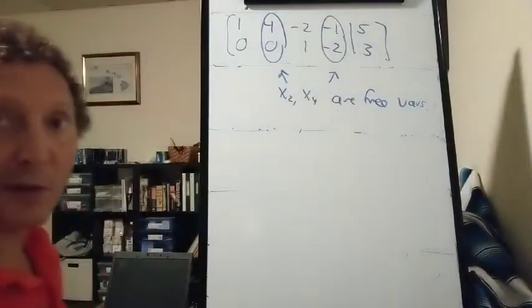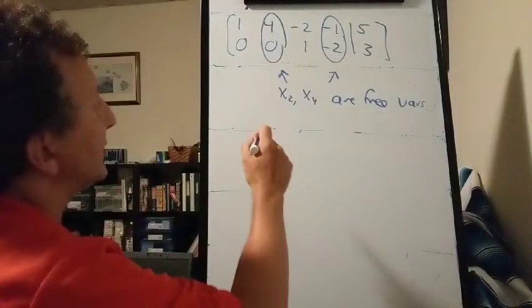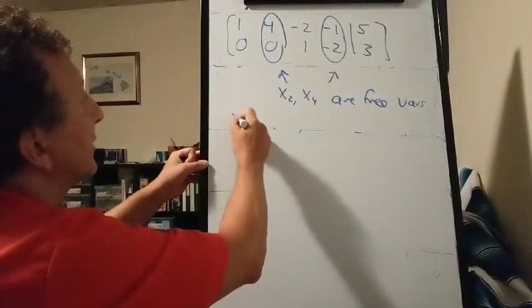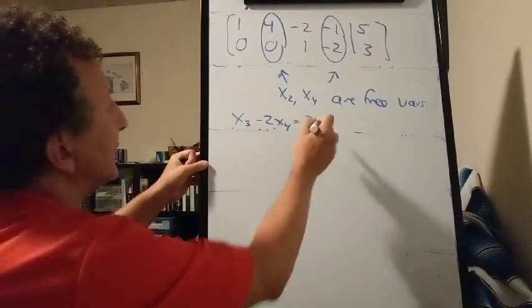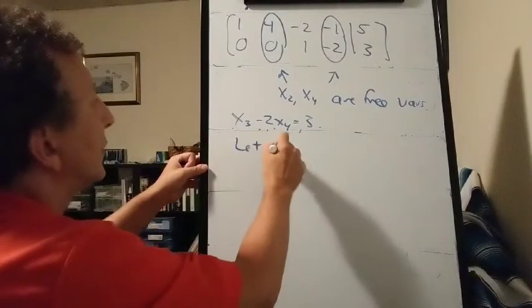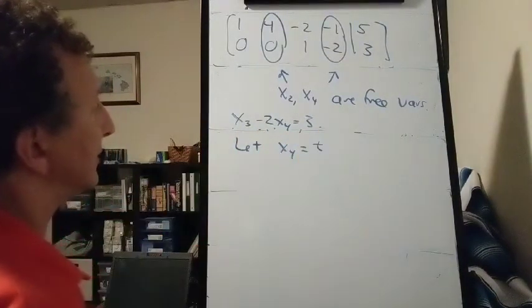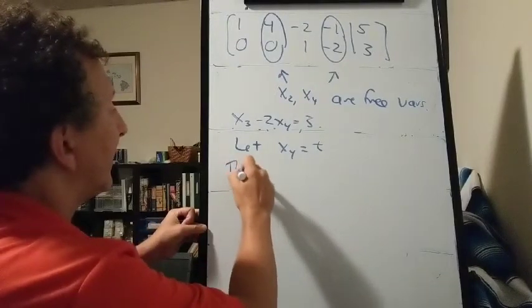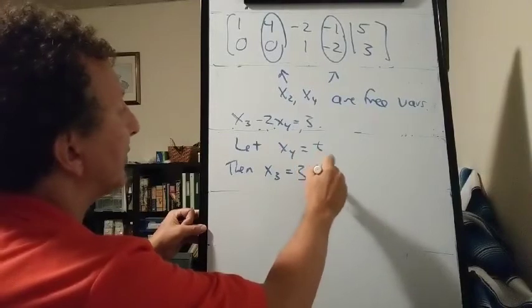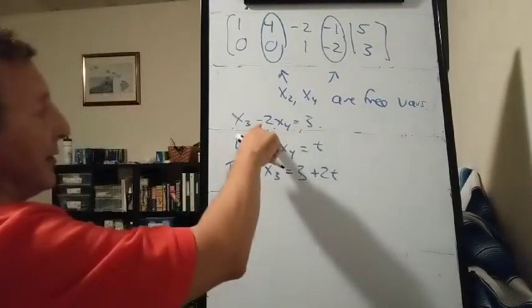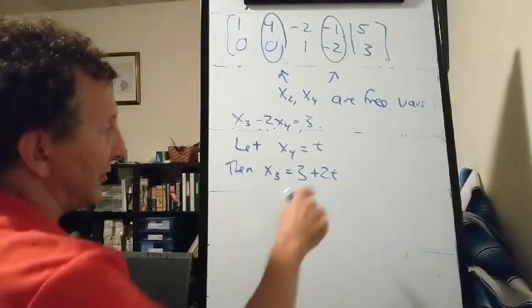Then when we go to write down the solution to this system, we have the second equation, x3 minus 2x4 equals 3. We'll let x4 be whatever symbol we like, say t. Then x3 equals 3 plus 2t, because we add the 2x4 to both sides.